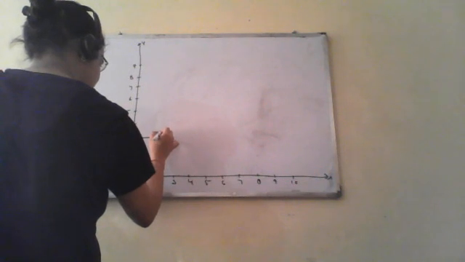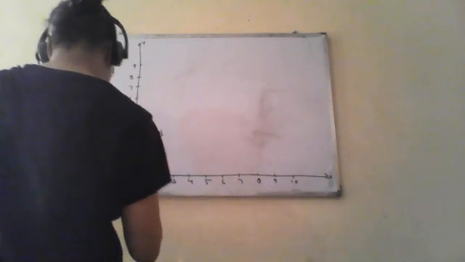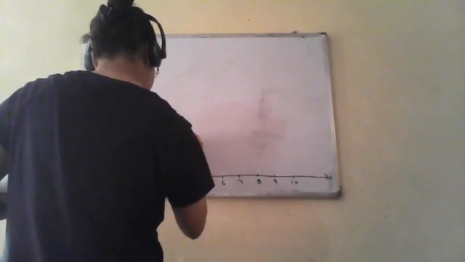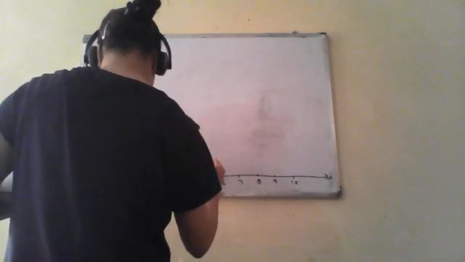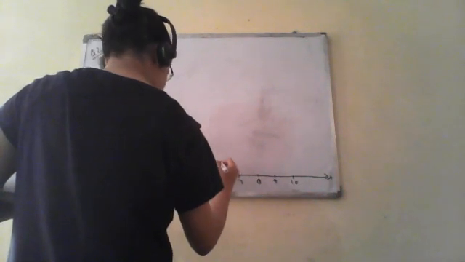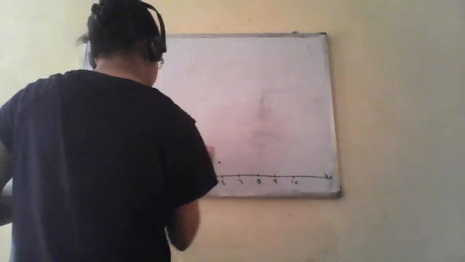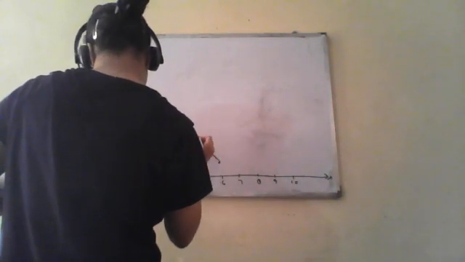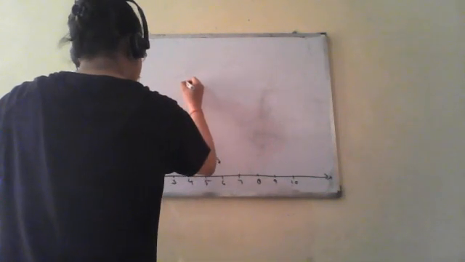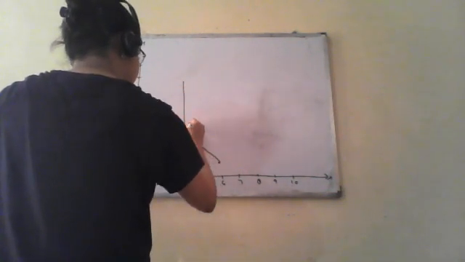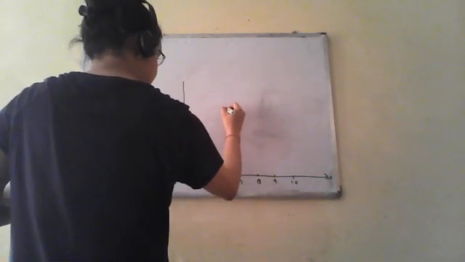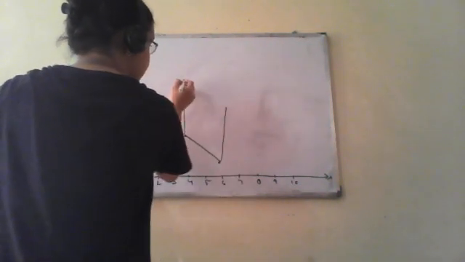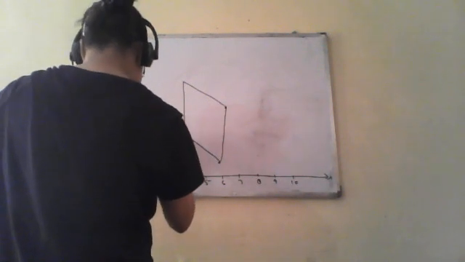This is C, B, A. Now you have to draw it like it is given in the book.